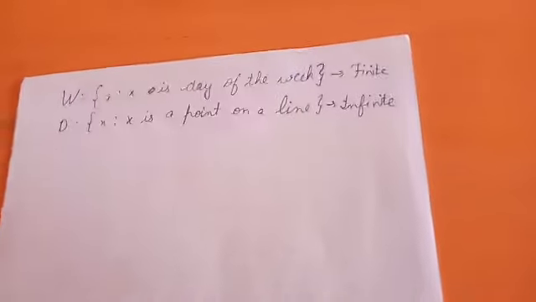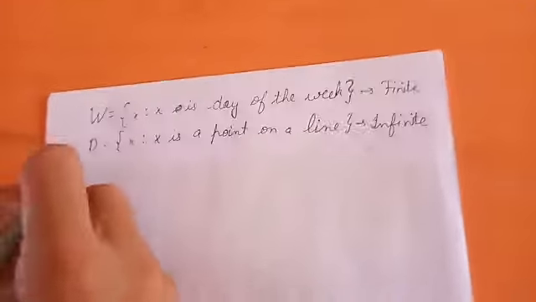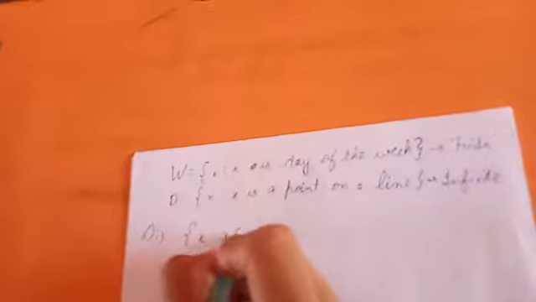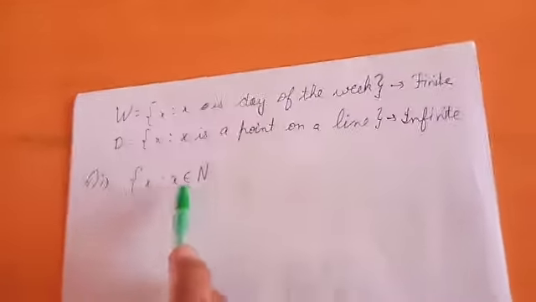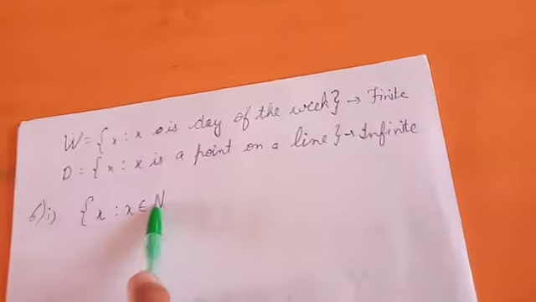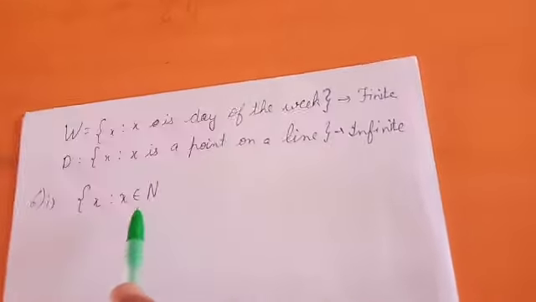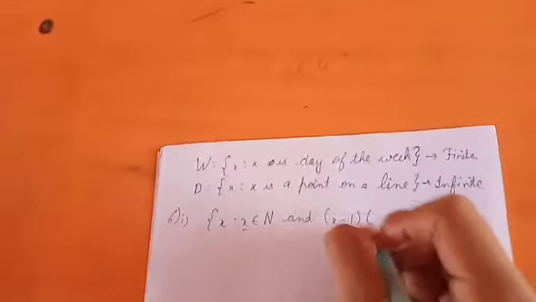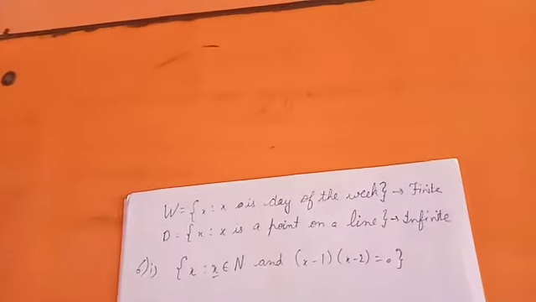Okay, now sixth example, first part they are given to you. x belongs to N, and x belongs to N means x is a natural number, and (x minus 1)(x minus 2) is equal to 0. This is the statement given to us.